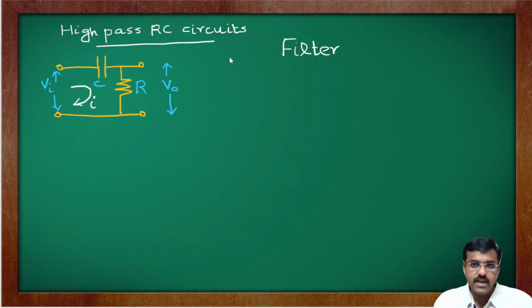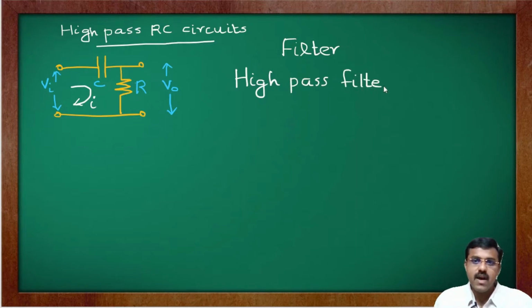What do you mean by high pass filter? From the name itself it is clear. A high pass filter will pass high frequency components and it will block, or attenuate, low frequency components.